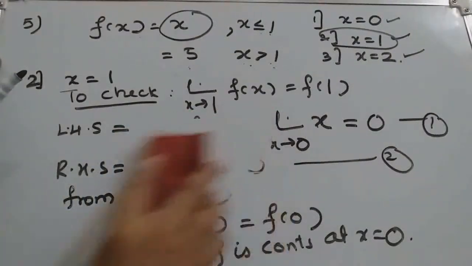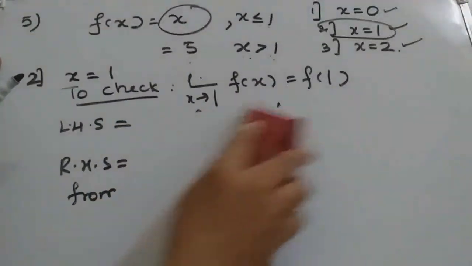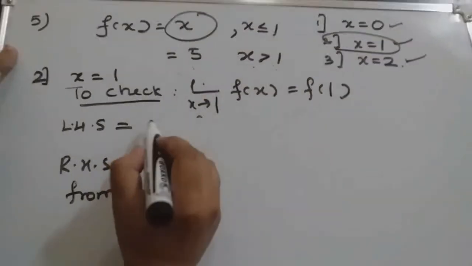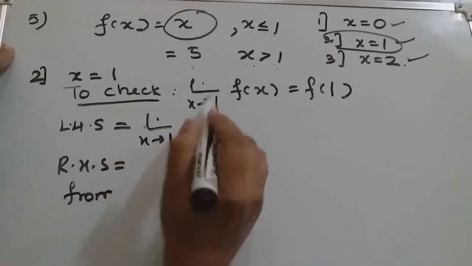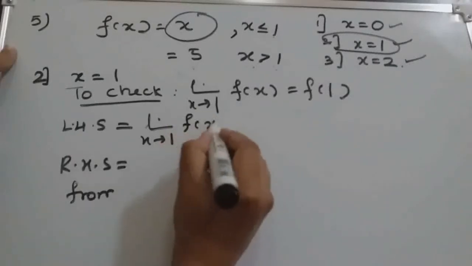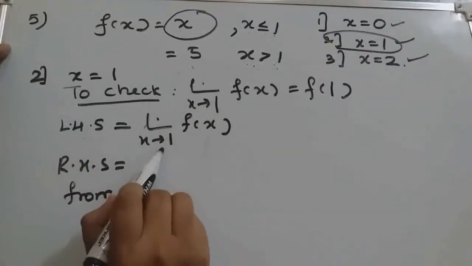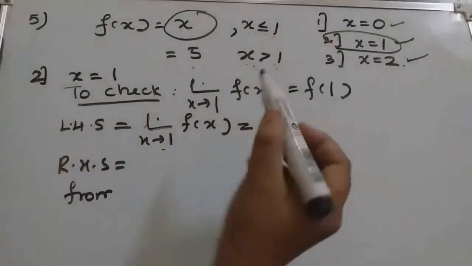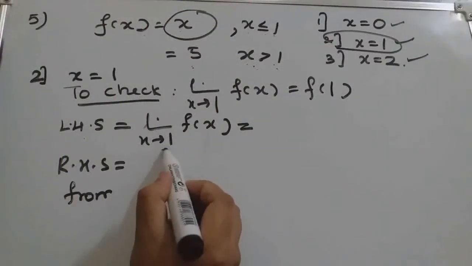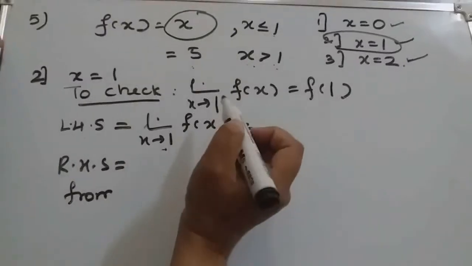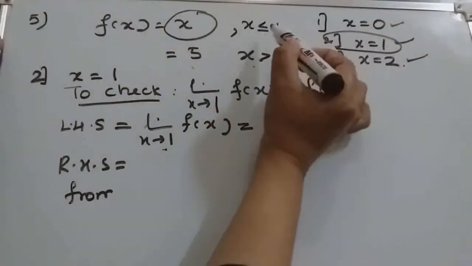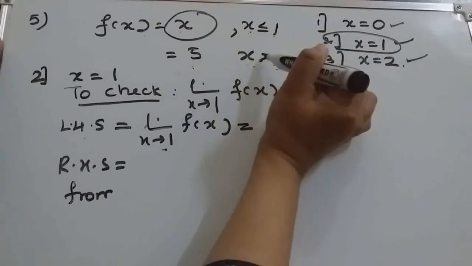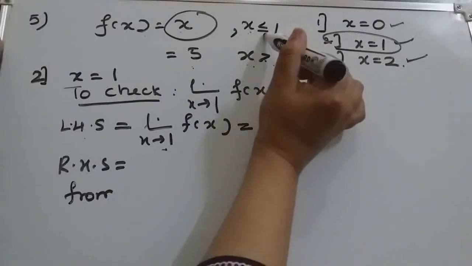Okay, so what will we do here? Limit x tends to 1 f of x. Here the function is defined for values less than 1 and greater than 1 or equal to 1 also.